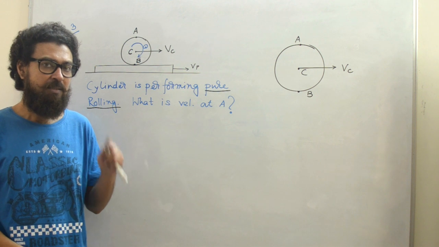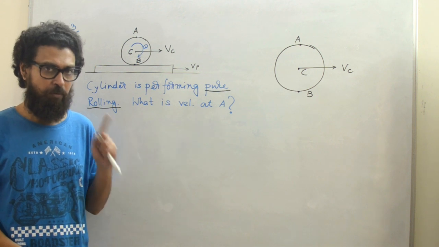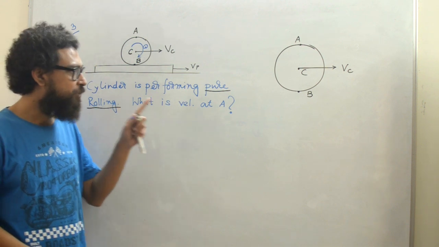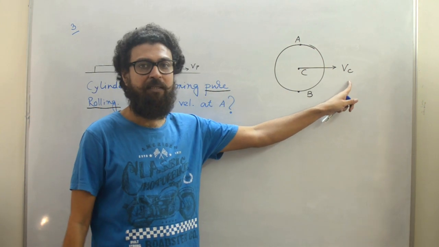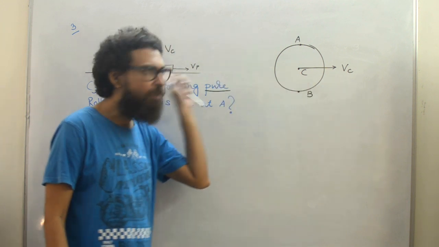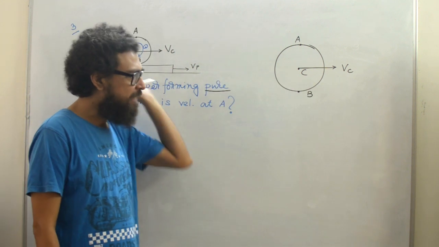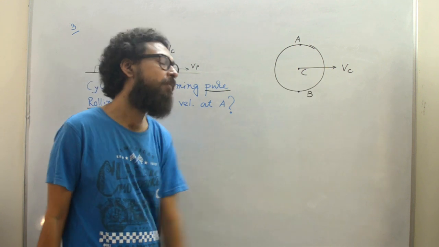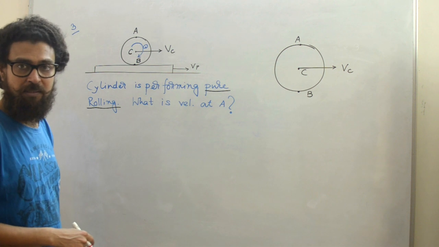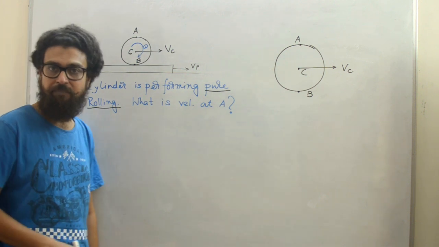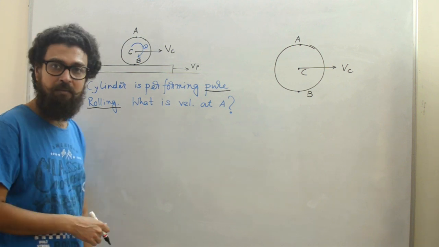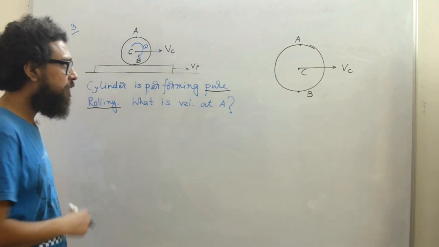The center of mass is the only point in rolling motion which actually doesn't roll, it moves forward with a linear velocity Vc, so it exhibits translatory motion. As you know, the trajectory of C will be a straight line. Good. But all other points on this cylinder are rolling. They are rotating, and they also have translatory motion. So this is the fact.